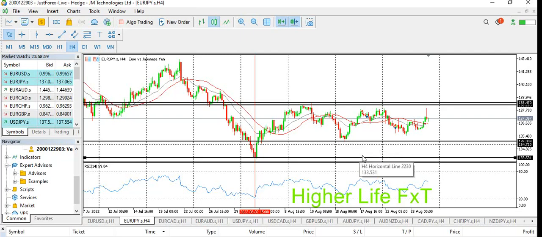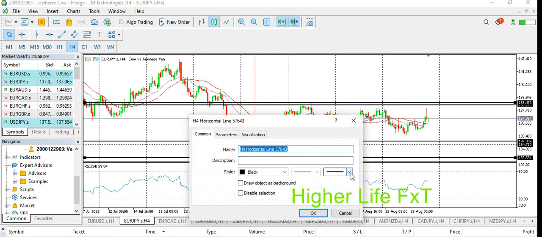Do you see it? It is the same thing with the resistance. When you enter your sell here, you place your stop loss here. Let me turn it into a dotted line. Why?